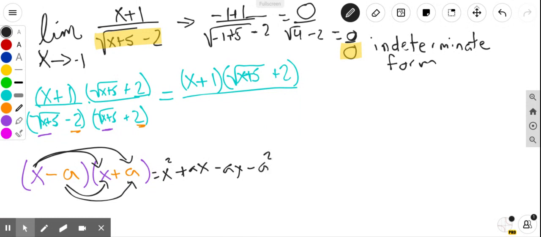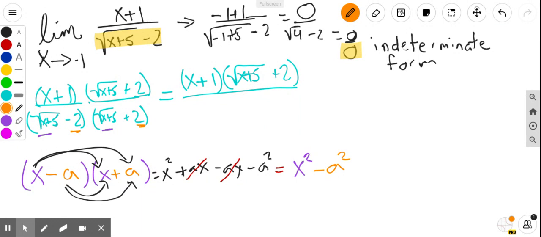And the reason why I'm doing this is to show you the pattern that's unfolding so I can take a shortcut and you can make sense of why that shortcut works. Right here, this is where the cancellation occurs. The ax and the negative ax terms just disappear. So all we're really left with is the first term that is squared. So that first term is the x squared in this instance, minus the second term. And the second term is going to be that a squared.